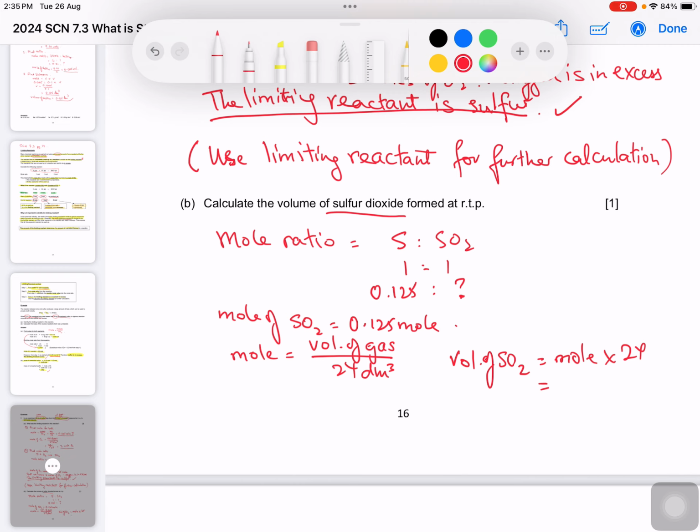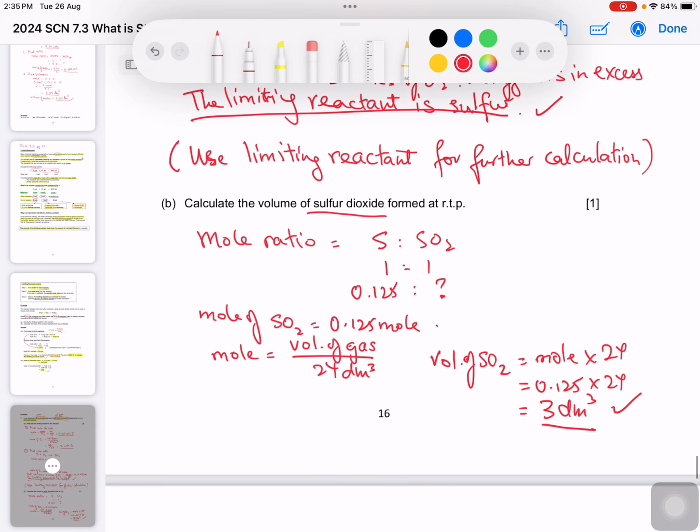That will give you 0.125 times 24, 3 dm³. So that's how we do it.